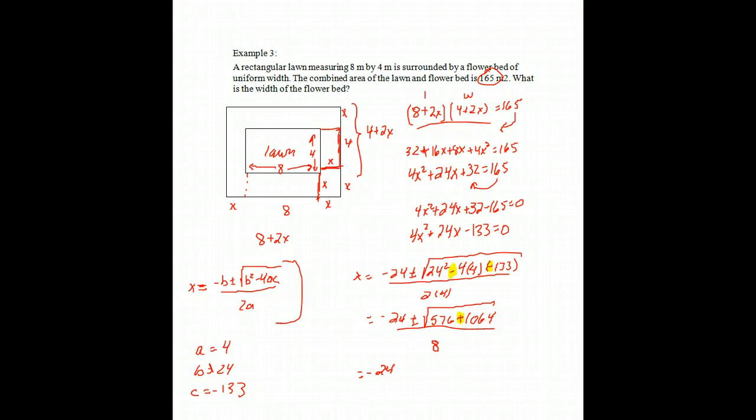So negative 24 plus or minus. Now you can add this together and then take the square root. So when you add it together, you get 1,640. So the square root of 1,640 divided by 8.